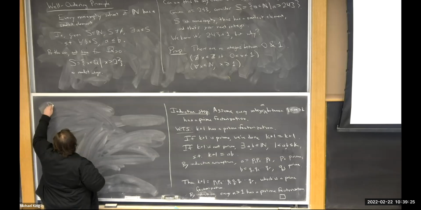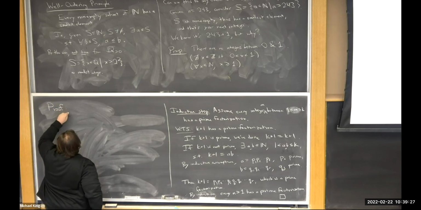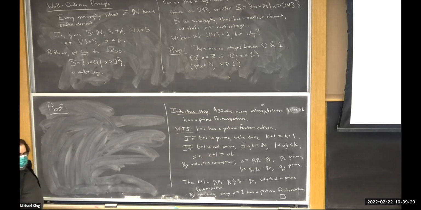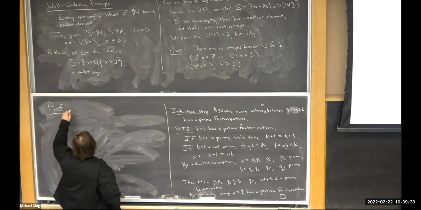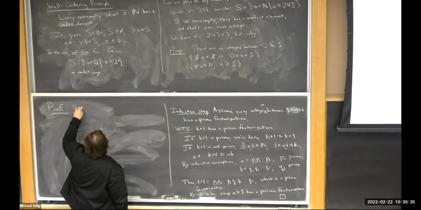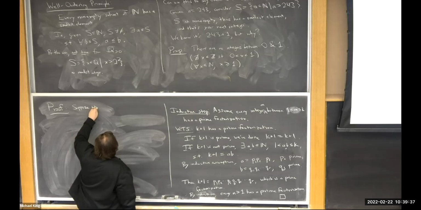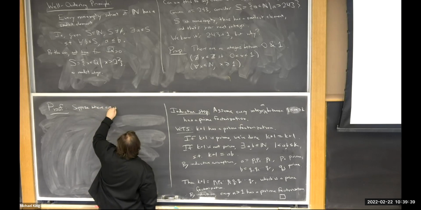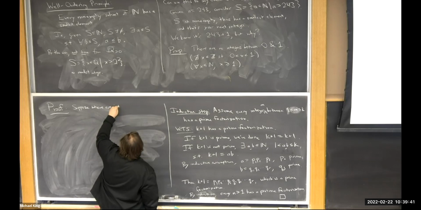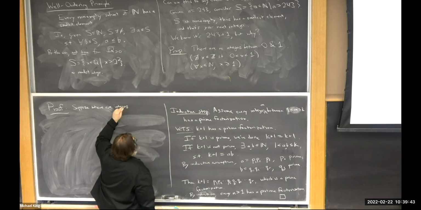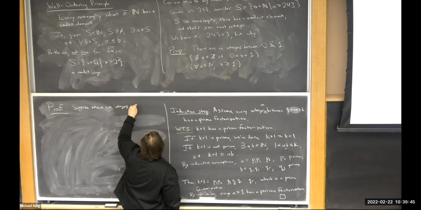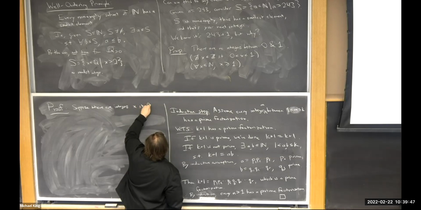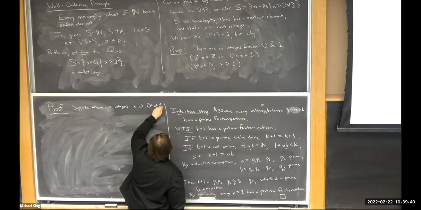So, proof. We suppose there are integers between 0 and 1. Suppose there are integers x such that 0 is less than x is less than 1.